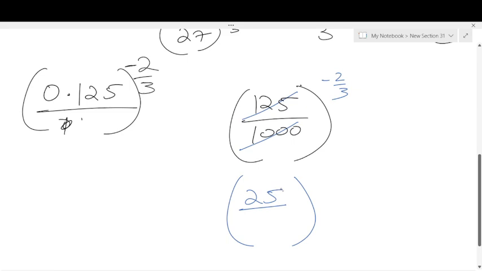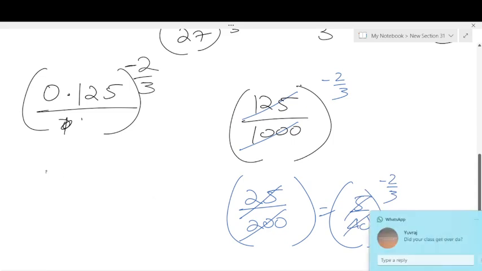So if you cancel by 5, students, 25 by 200. So what's the answer for 25 by 200? First, cancel it further. What do you get? Then further, not 8, 9. The 8s are right.